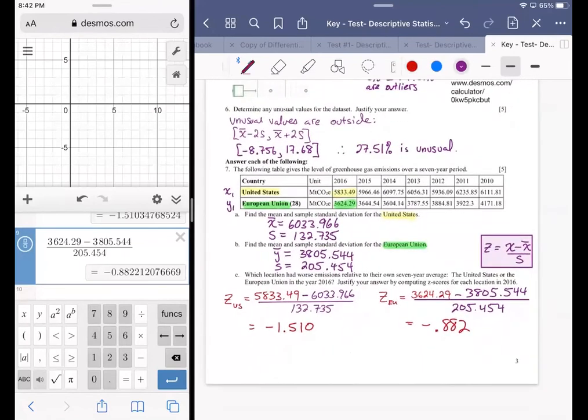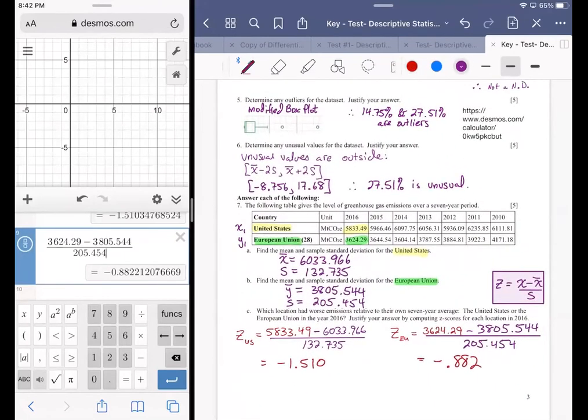Smaller number would indicate a better outcome. So therefore, the EU... it said which one had worse emissions. So the US had worse emissions relative to their own 7-year average.